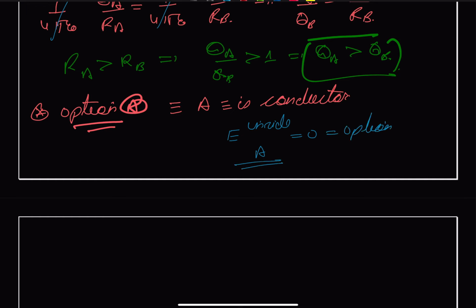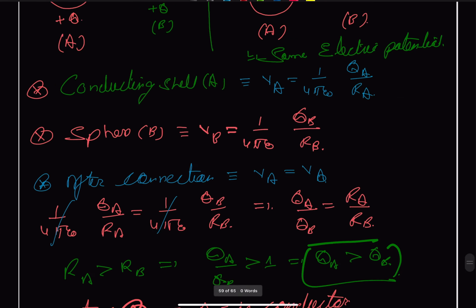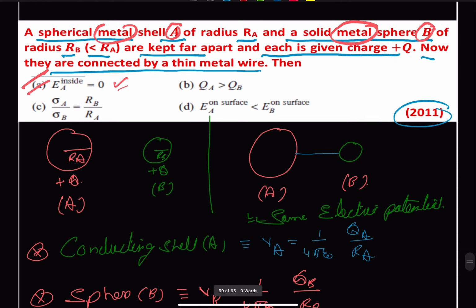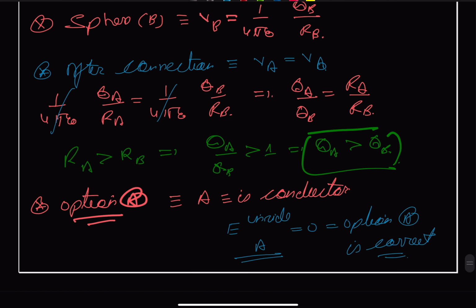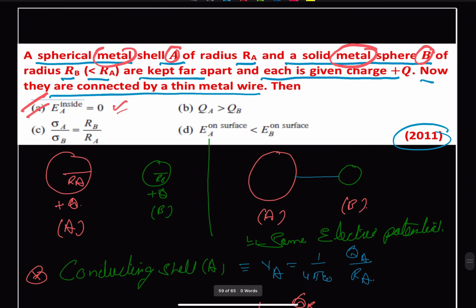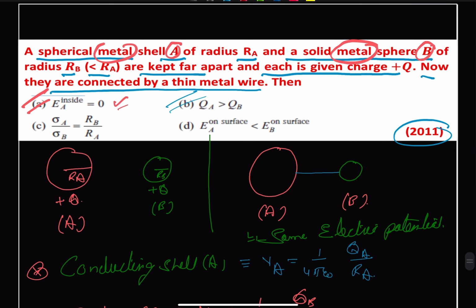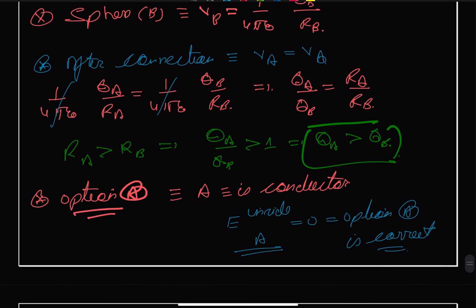Option A is correct. And we just found out that QA is greater than QB, so option B is also correct. Option B is correct.